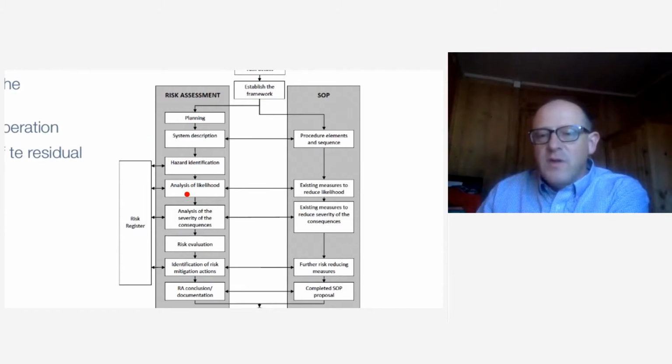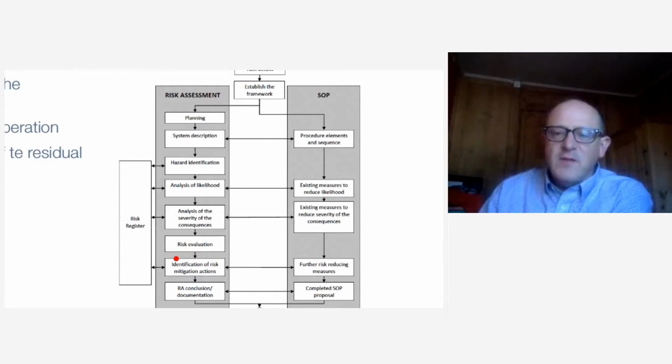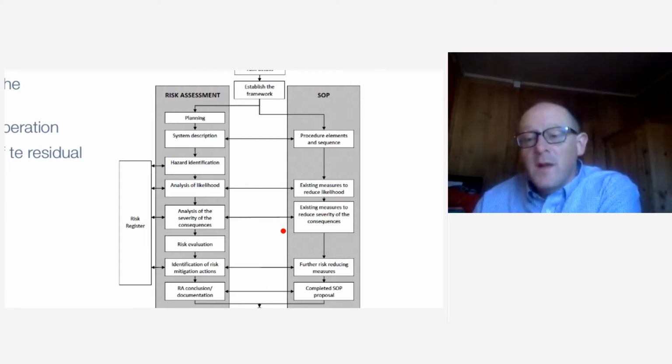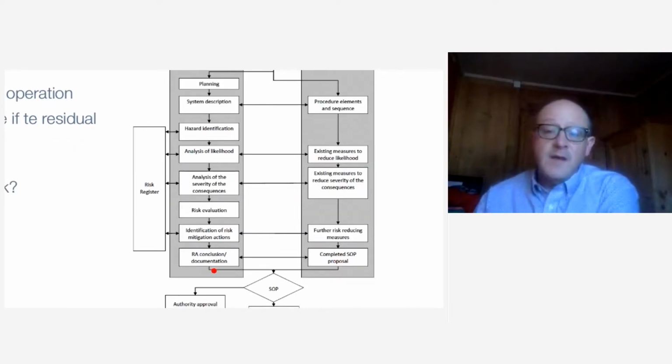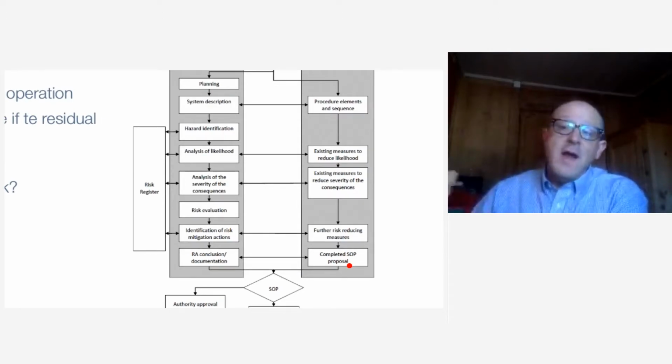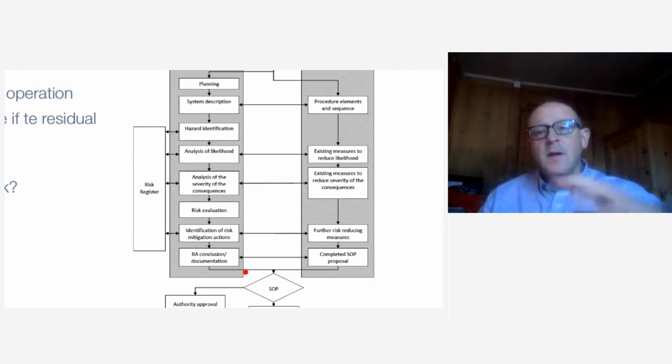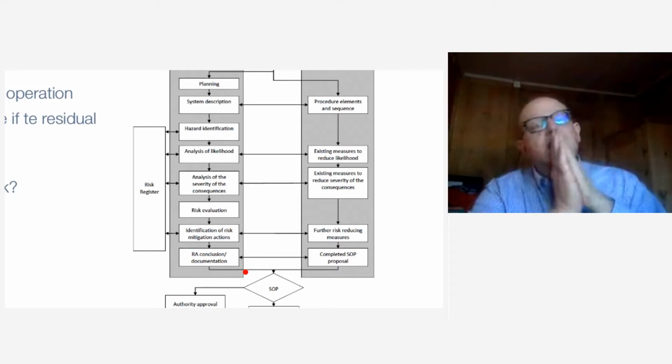Once you have the description, the risk evaluation feeds back into the description of the operations, how you want to do it. And then once you have your SOP completed, basically you should have looked at all the risks and identified the relevant risk mitigating measures.